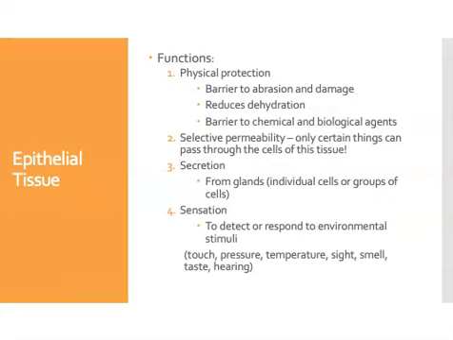Things like touch and pressure and temperature, sight and smell and taste and hearing, all of those things can be picked up through those very sensitive nerve endings that are especially abundant in epithelial tissues.